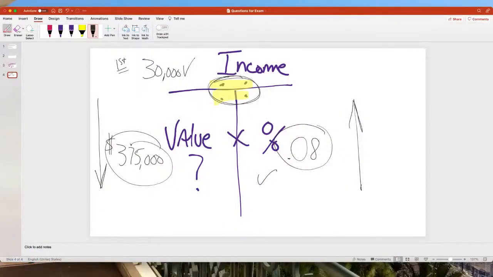So you want to purchase a property that in return is going to give you $30,000. Now, all you can get from this property is $30,000 in income. Well, if you had to pay $375,000 for the property, your return on the $30,000 is 8%.